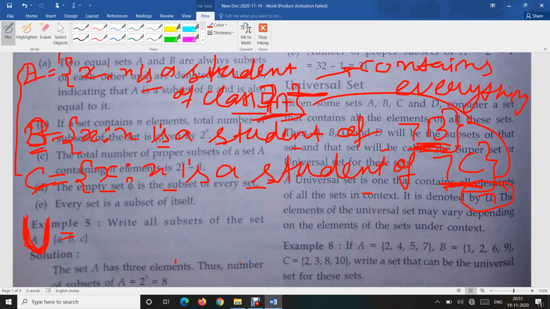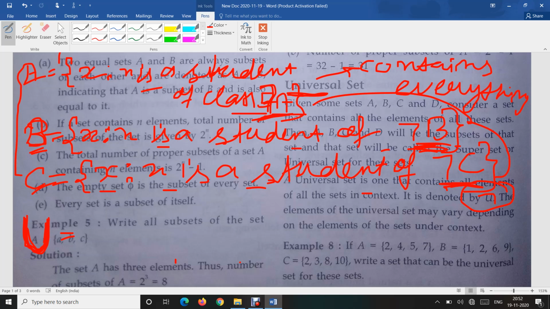So when we combine 7 Lily and 7 Dahlia, the complete class 7 will be the universal set, which was made up of two sections.